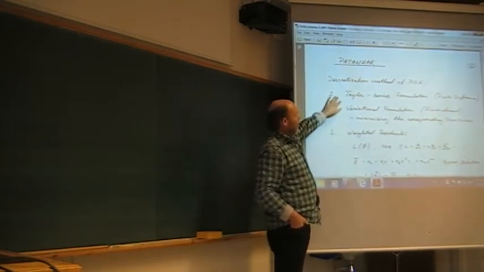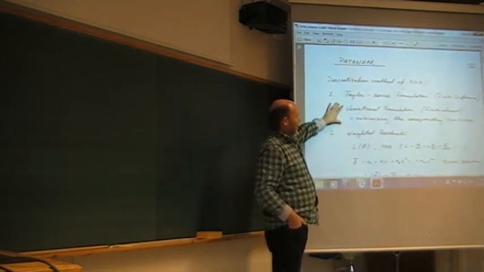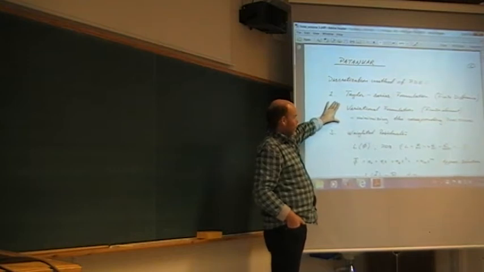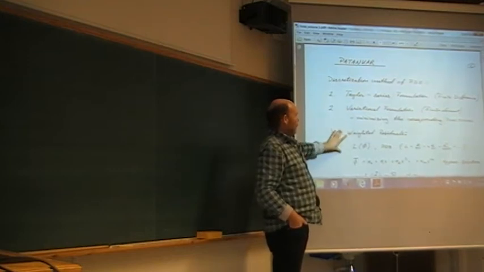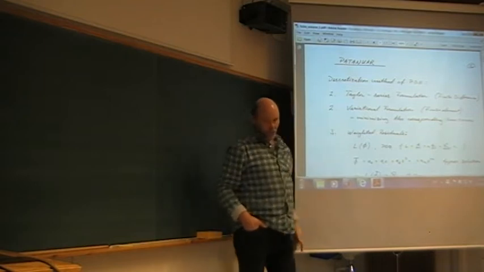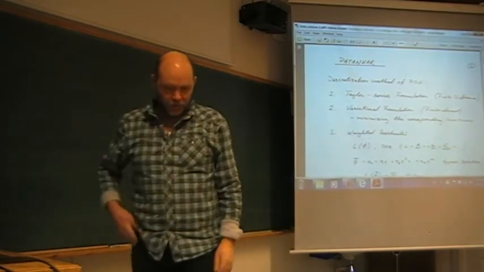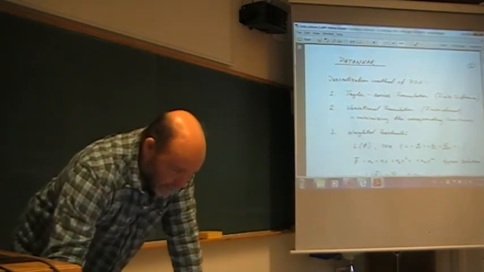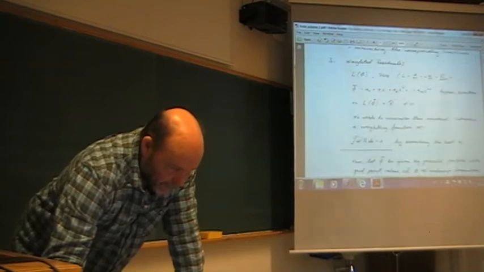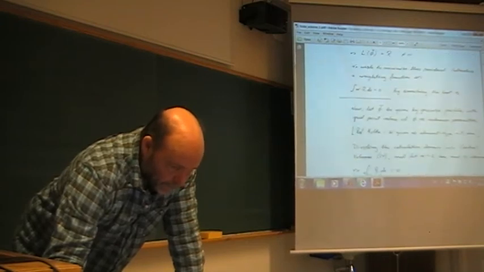Finite difference with Taylor series, finite volume either from variational calculus or from the weighted residuals, where you have more advanced weight functions than just a 0 or 1 as we have it here with finite volume.